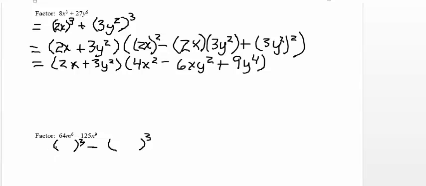All right, so 4 times 4 times 4 is 64. So I've got a 4, and I know I'm going to have an m. And to find the power that goes on m, I take this 3 and divide it into the power of 6 that was in the original expression. So 3 into 6 is 2. So that's a power of 2 on the m.